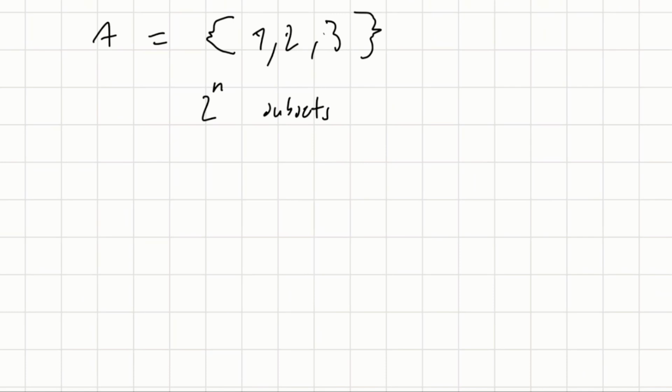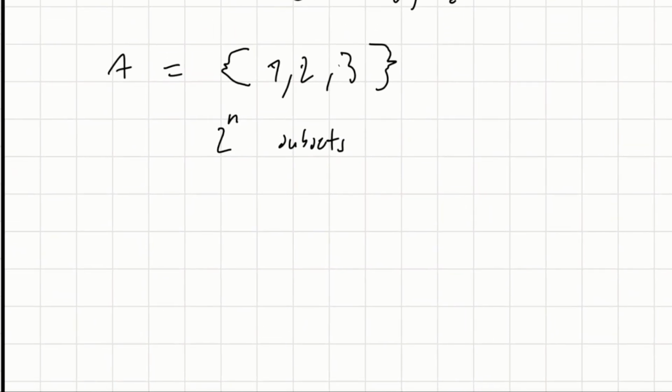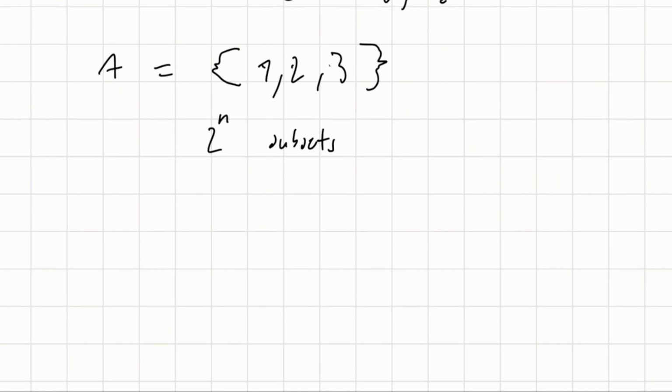So, for example, in this case, we know we have three elements: element 1, 2 and 3. Sorry, this is M. So we've got three elements, so we know we have 8 subsets, and we can already check our solution.